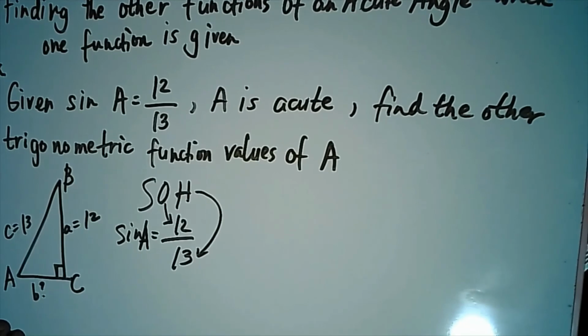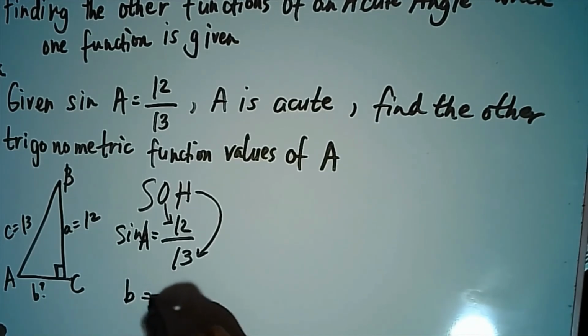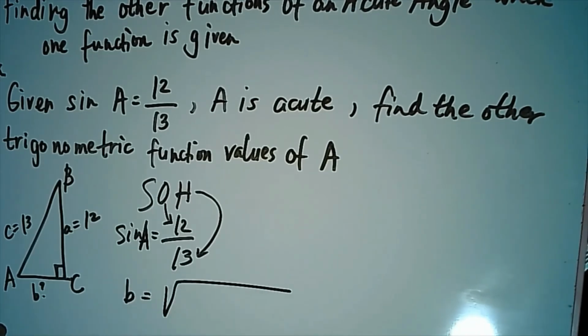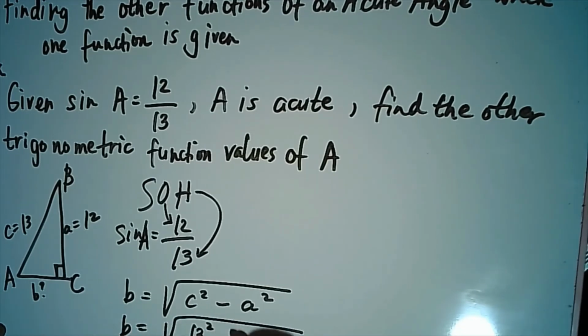Now, using the Pythagorean Theorem, we can find the measurement of side b. So b is equal to the square root of c squared minus a squared. So b is equal to the square root of 13 squared minus 12 squared.